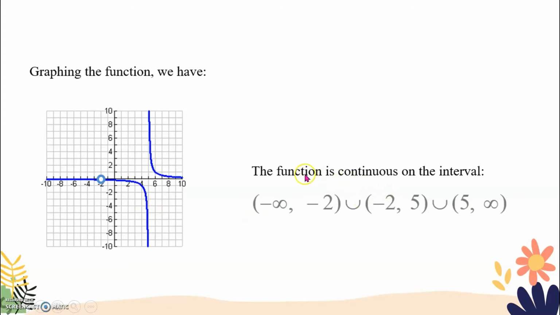So writing the interval with which the function is continuous, we will make use of the open interval from negative infinity to negative 2. We will use an open interval because we will not include negative 2 there because there is a hole at negative 2. And union the open interval negative 2 to 5, union the open interval from 5 to positive infinity.